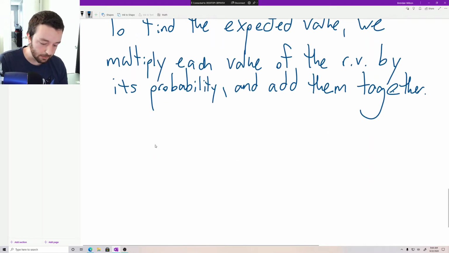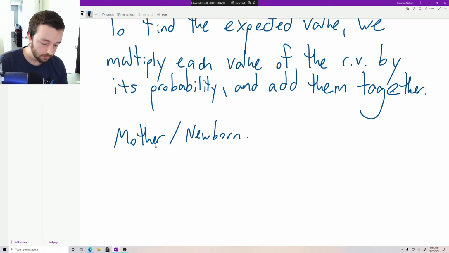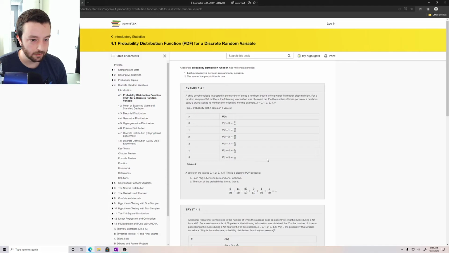Let's look at the mother example with the newborn. Let me get that over from here. So let's copy this chart.